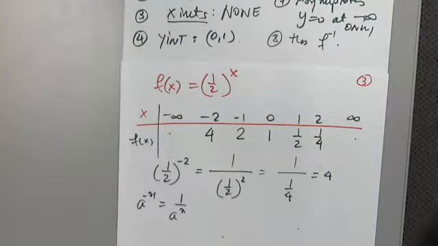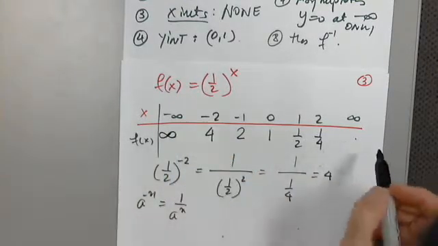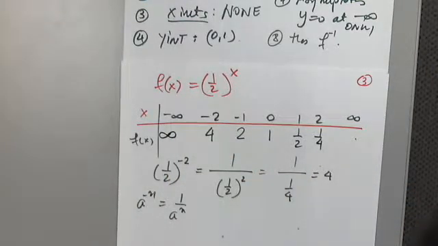So now let's find the end behavior. Let's go this way first of all. 1, 2, 4, 8, 16, 32, 64, 128. Infinity indeed. This way, 1 over 2. I divide my cake, I have a friend. Then I have 4 friends. And we divide it by 4. And then we divide it by 8.